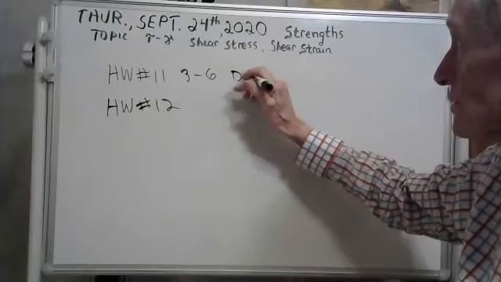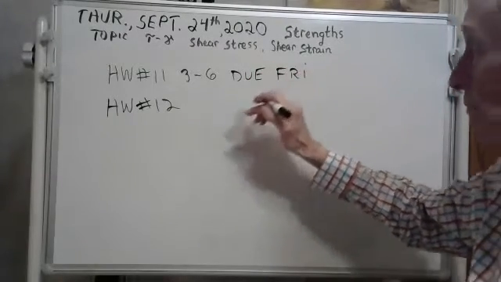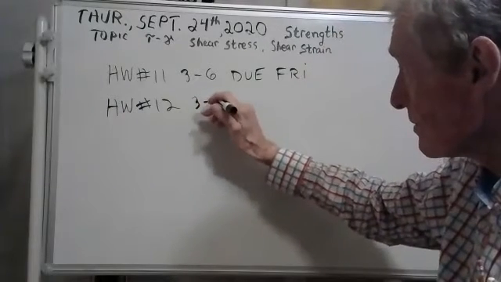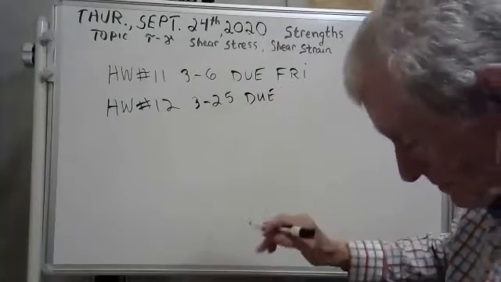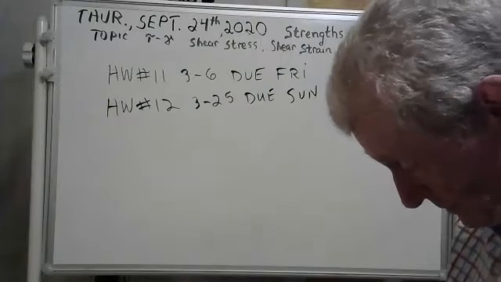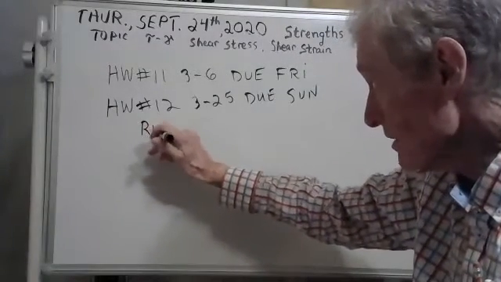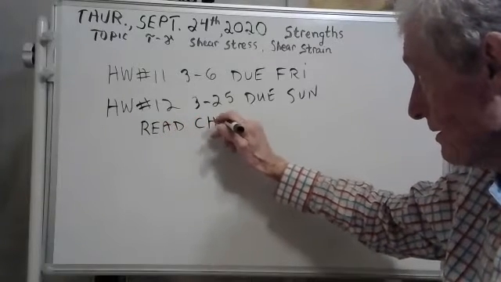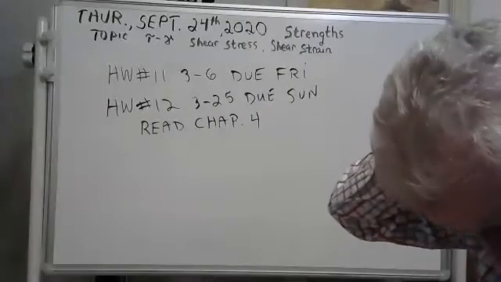Now, you also have homework number 12. This one's due Friday. But this one here is 325, and it's due Sunday. So you got some homework to do for me to keep me happy. And also, you need to start reading chapter 4. We'll talk about it a little bit today.